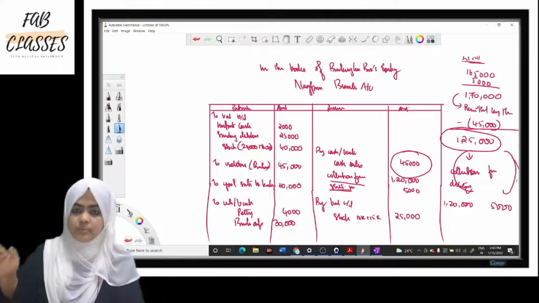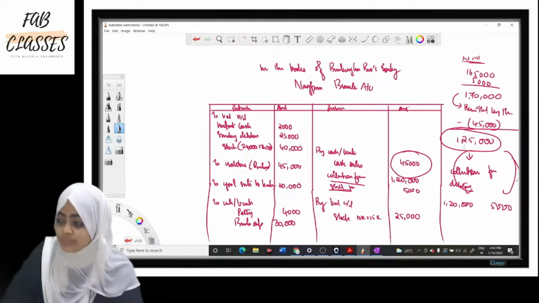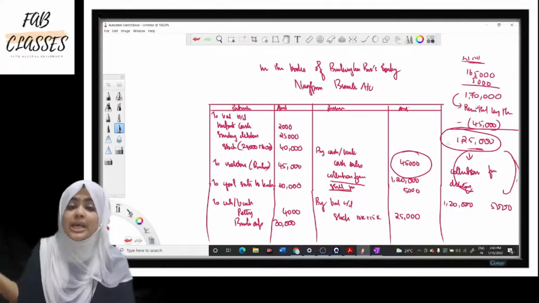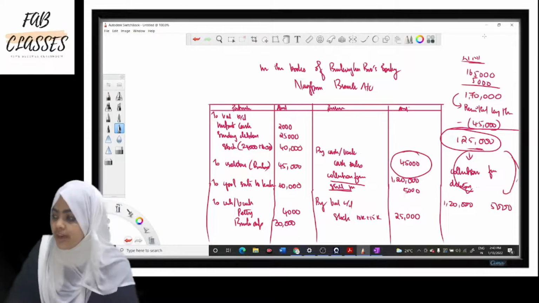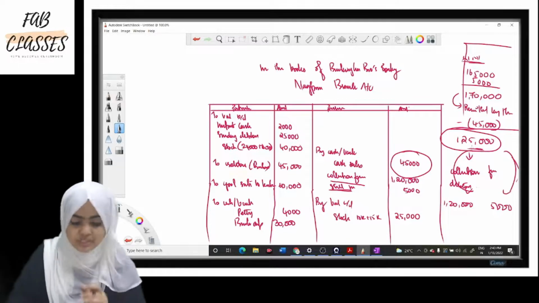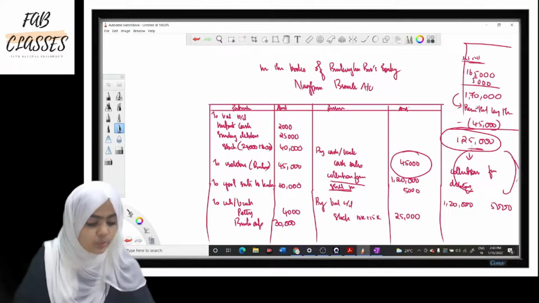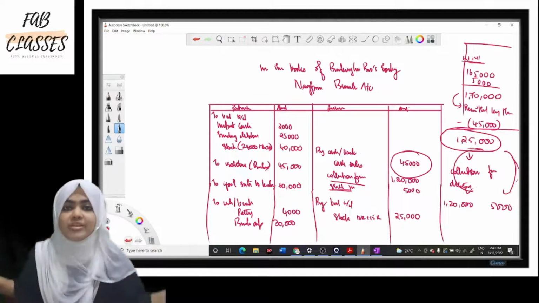Yes, 1,49,000 is the debtors value. Out of that, how much remittance did the branch make? How much did the branch get from the debtors? We have already done it here, no? So how much was the amount received from the debtors? 1,25,000 was the amount. So 1,49,000 is the value of debtors, and out of that 1,25,000 has been already received.